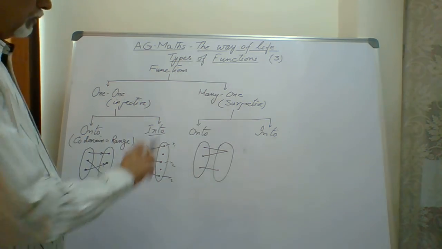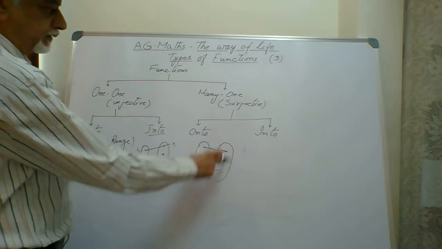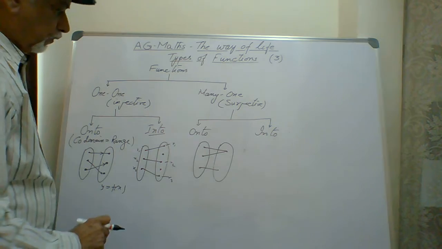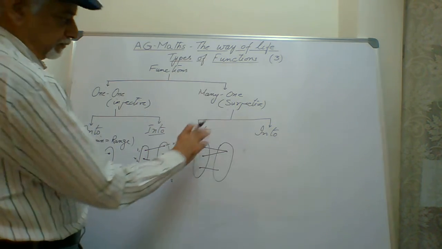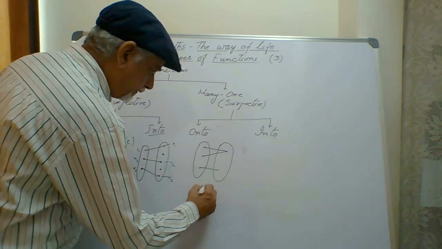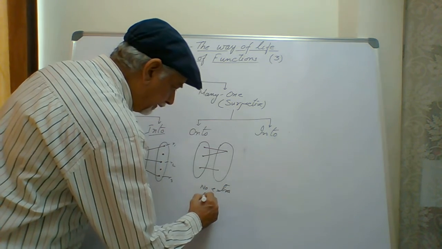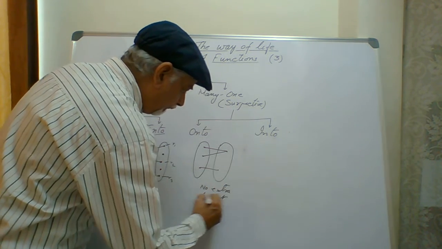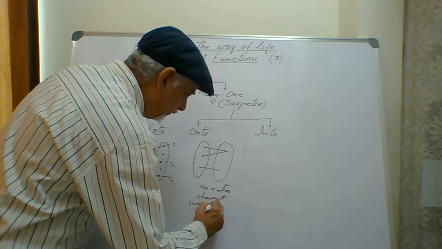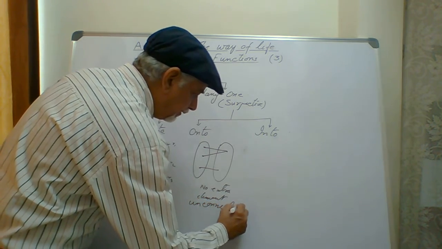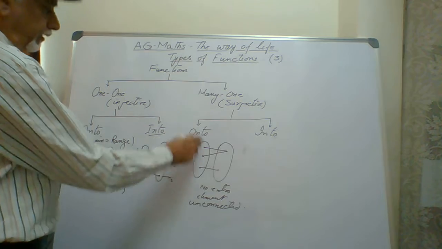So it is called onto. There is no extra element in the codomain or the range, no extra element unconnected. If there is nothing unconnected in the codomain, we say it is onto.